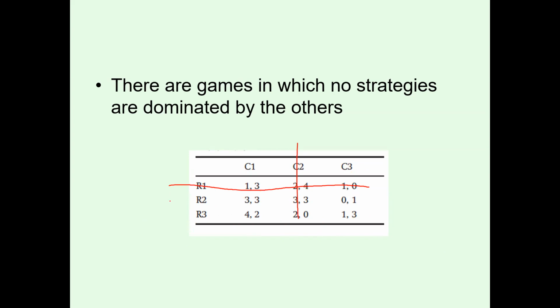Let's go back to R2 and R3, since we eliminated C2. If C1, R2 is better. But if C3, R3 is better. So we end up with this payoff.